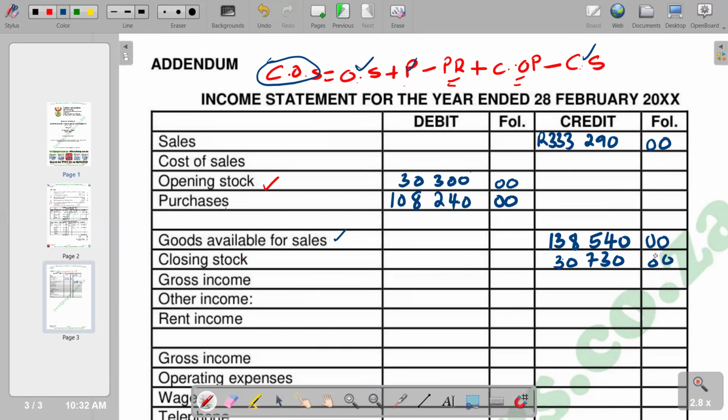We can see that our closing stock we are subtracting. So we can put it in brackets to show that we are subtracting, or you can put it as a minus.